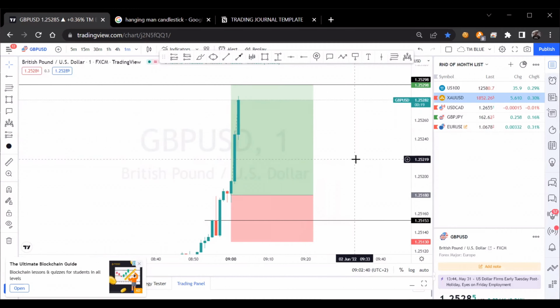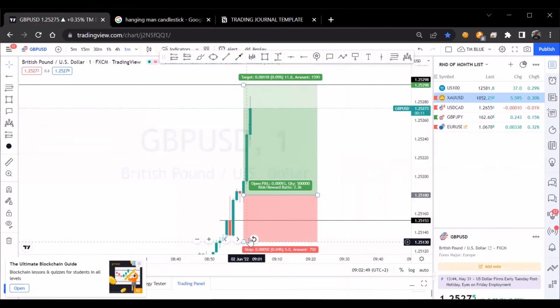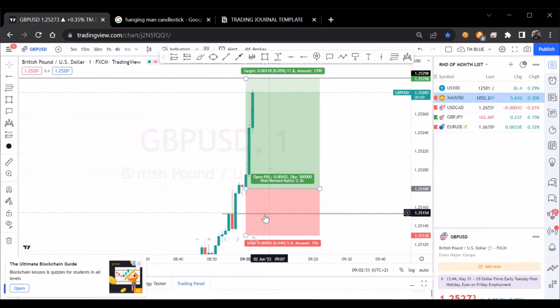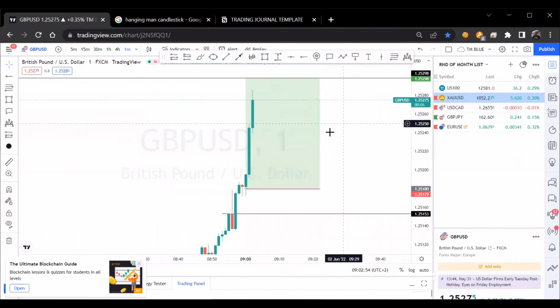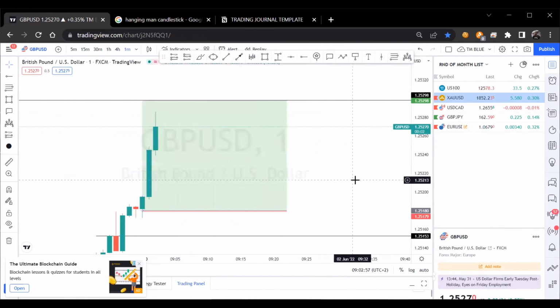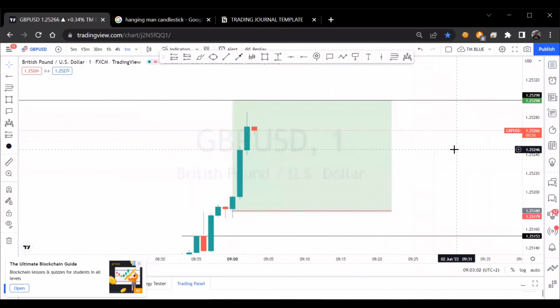Let's go, we're in good profits. Alright, if you want to be rich, gotta hold your trades. But what I'm gonna do now, because it would be stupid if I don't, is put stop loss to entry first of all. And then now we're just gonna wait. It's gonna be a waiting game.